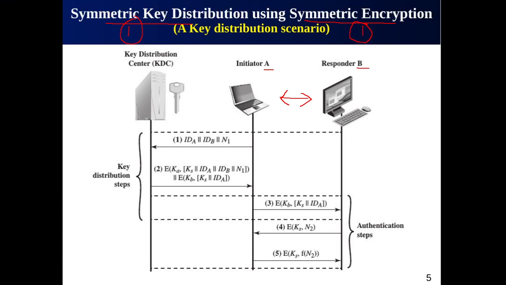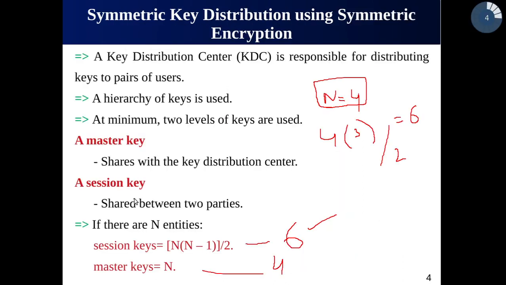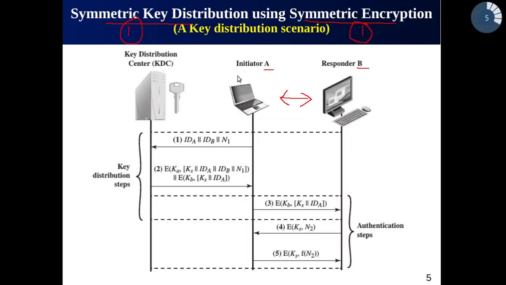Now suppose that each user shares a unique master key with the KDC. As we just saw, a master key has to be shared between the KDC and the user. So A has a master key with KDC and B has a master key with KDC.